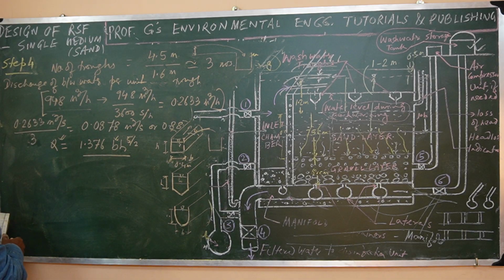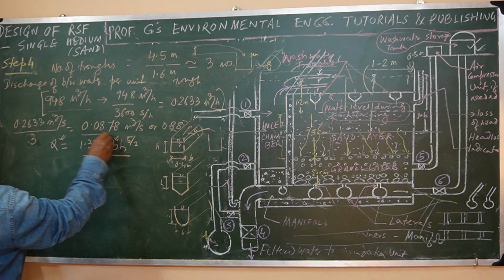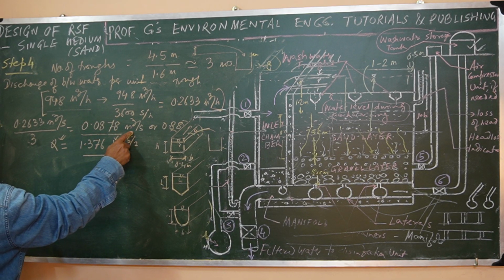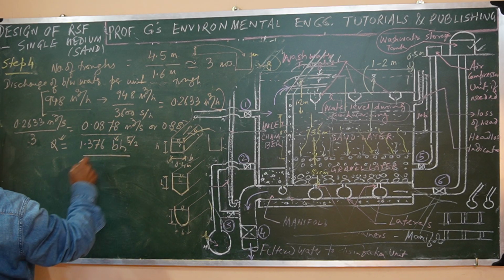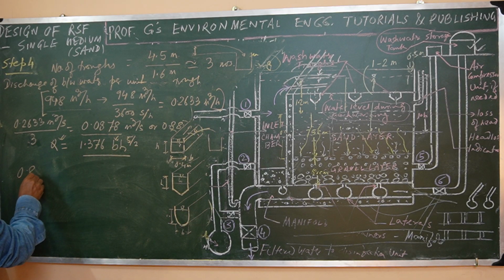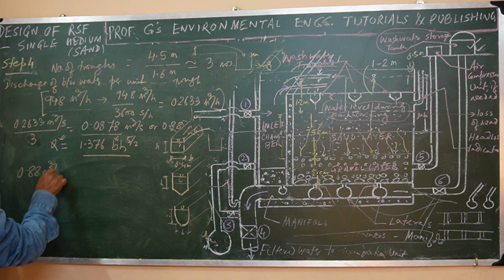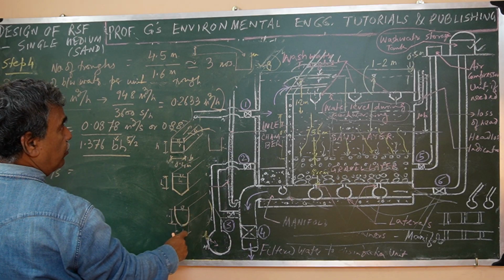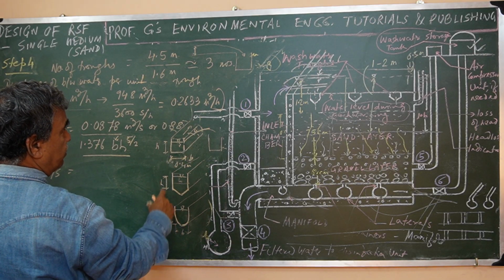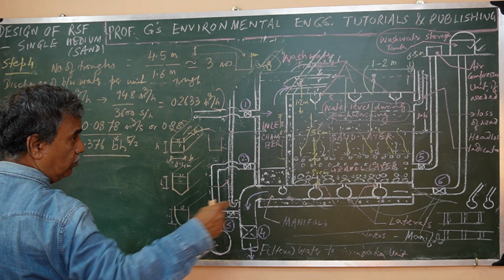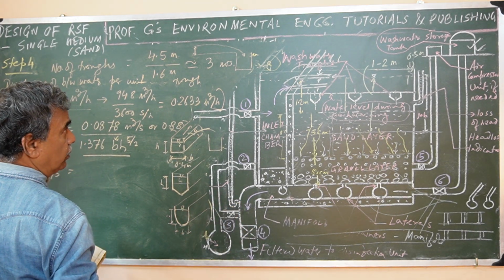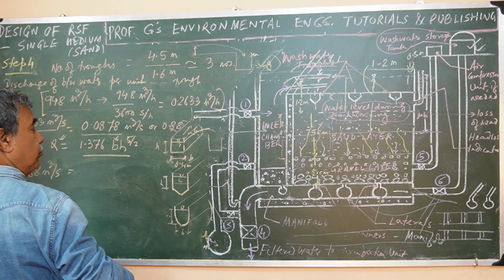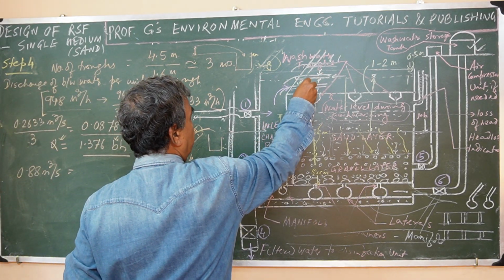So if we put this value now, because per trough the discharge is 0.88 meter cube per second, this would be 0.88 per unit trough, remember. And three wash water troughs we have provided here, with a spacing out to out, meaning the outer wall of one to the outer wall of another, that is this spacing, right?